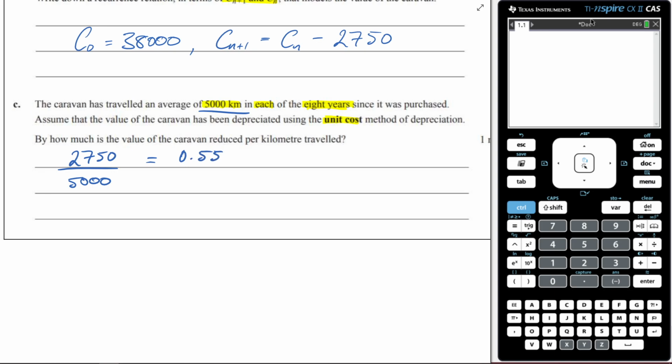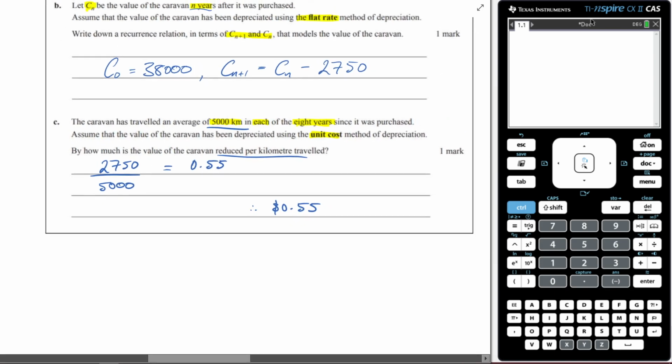That means per kilometer, I lose 55 cents for every kilometer I go. Another way of thinking about this, if you find that a little tricky, is to ask what's another way of saying that. I think that is the easiest way to go about it in terms of answering it. That's the cleanest way. Let's look at our examiner's report.